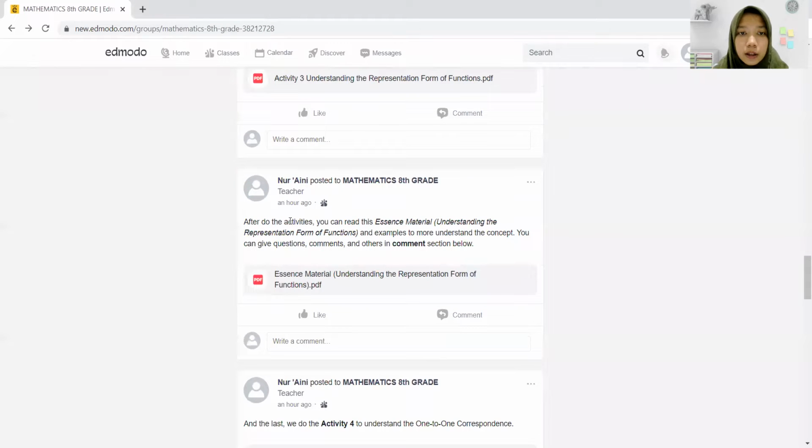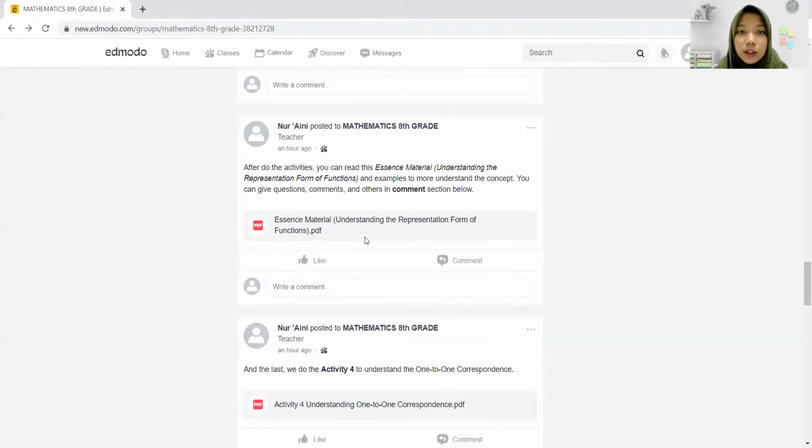And then, after do the activities, you can read this essence material, understanding the representation form of functions, and example to more understand the concept. You can give questions, comments, and others in comment section below.